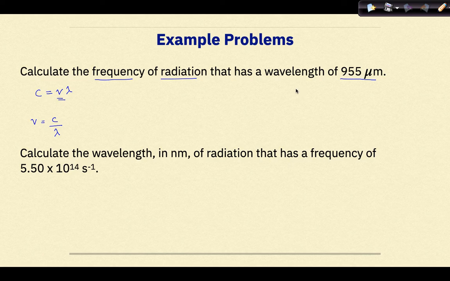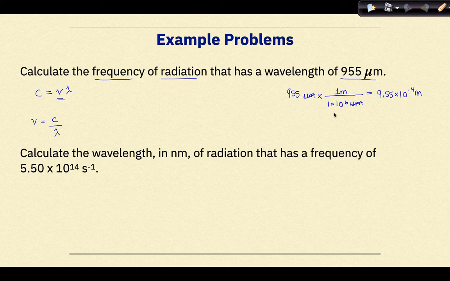So over here off to the side, I'm going to say 955 micrometers, multiplication sign and a line, and I know that there is 1 times 10 to the 6th micrometers in 1 meter equals, micrometers cancel micrometers, so 955 times 1 divided by 1 times 10 to the 6th, that is going to equal 9.55 times 10 to the negative 4 meters.